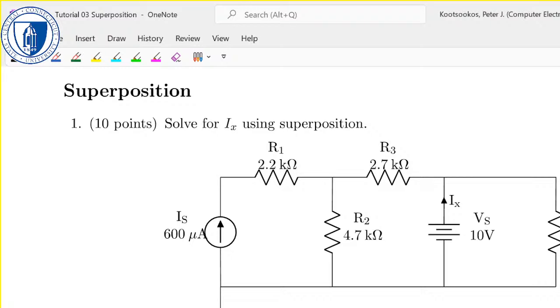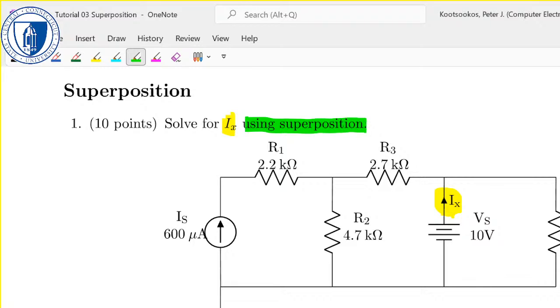Solve for Ix using superposition. So the first thing is understand what you're being asked. Right, there's our Ix. And it is asking explicitly to use superposition.